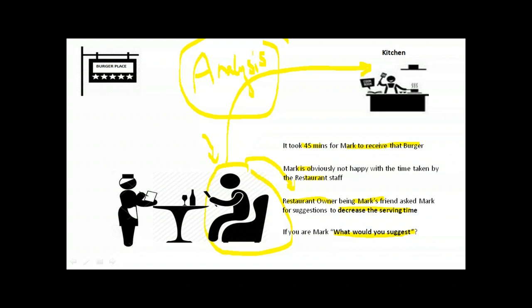Because what Mark has done, he went to the kitchen, and while the food is being ordered, he will watch carefully what the problem is. He will analyze it, understand it, and finally come out with a suggestion. The problem could be many things, guys. As Phil said, it could be lack of personnel, lack of skilled people, or lack of chefs.